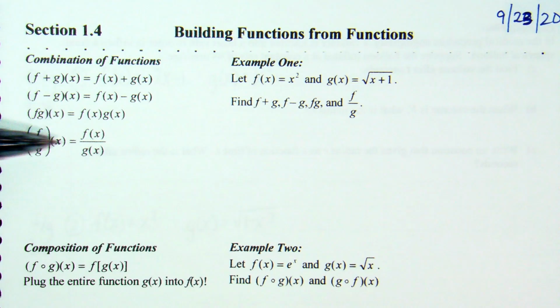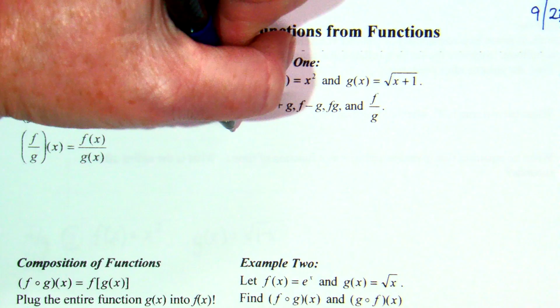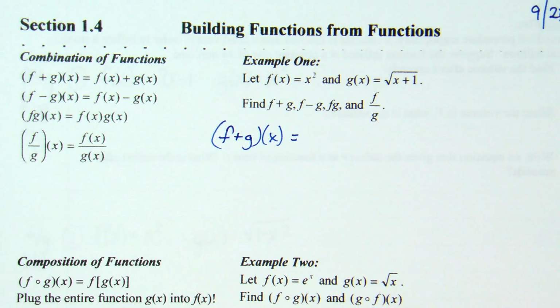In example 1, they define f of x to be x squared, and g of x is the square root of x plus 1. First thing we're asked to find is f plus g of x. If I find f plus g of x, what am I going to do? Add the two.